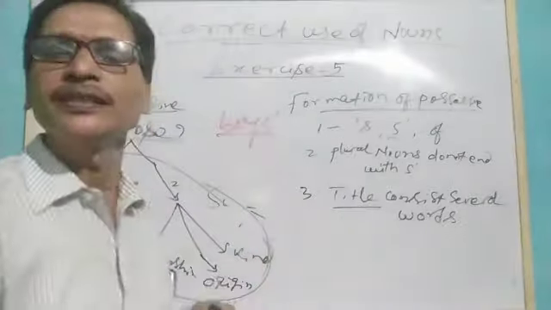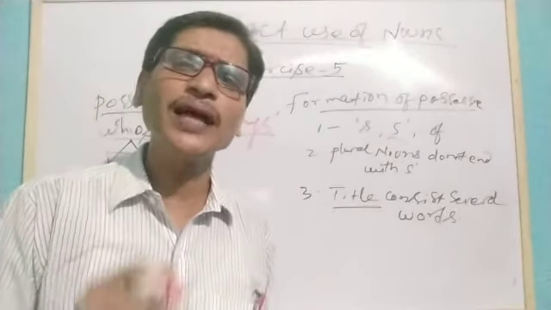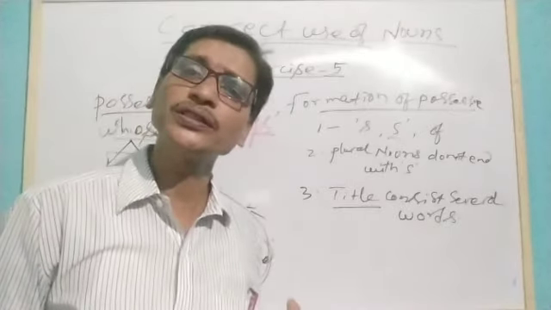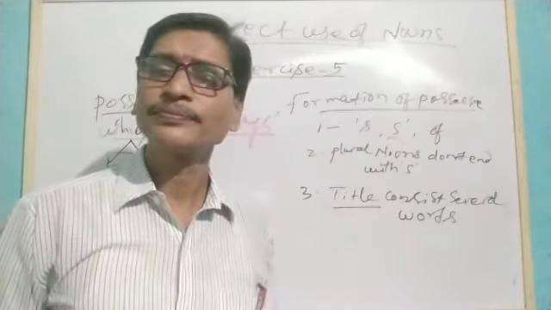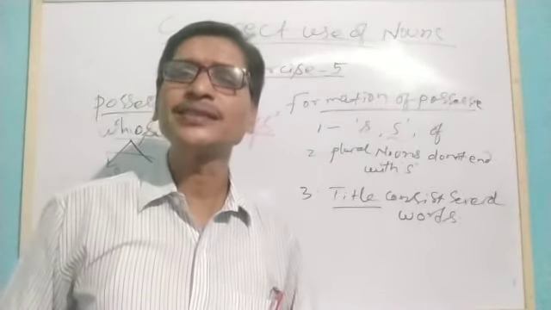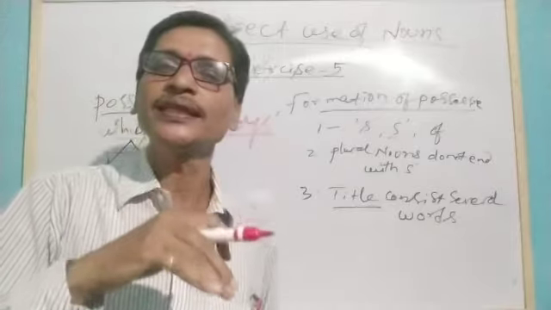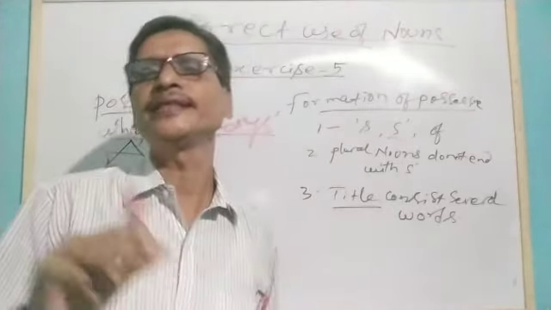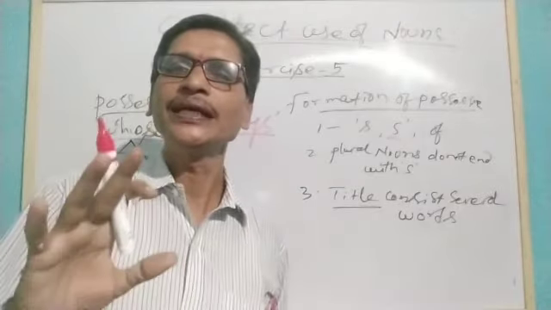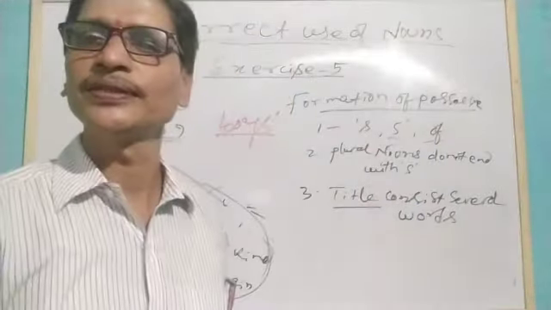Similarly, for the possessive case of non-living things, I have already told you that we use 'of'. We cannot say chair's leg. As in the example earlier, we can say leg of the chair. We cannot say chair's leg. So that is the rule we understood.